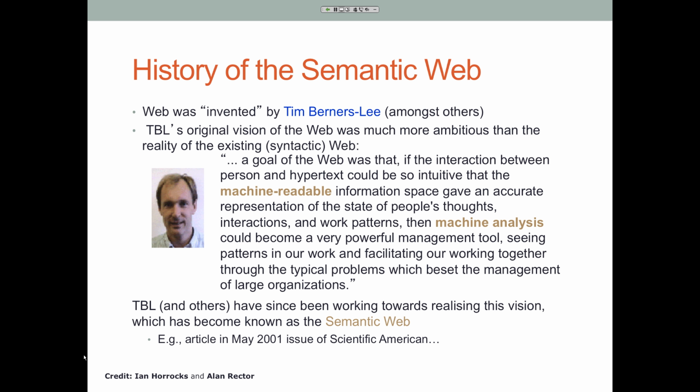The idea about the semantic web was first introduced by Sir Tim Berners-Lee. He was also one of the original inventors of the World Wide Web that we are currently using. Their original vision about the web was much more ambitious than what we are having now.